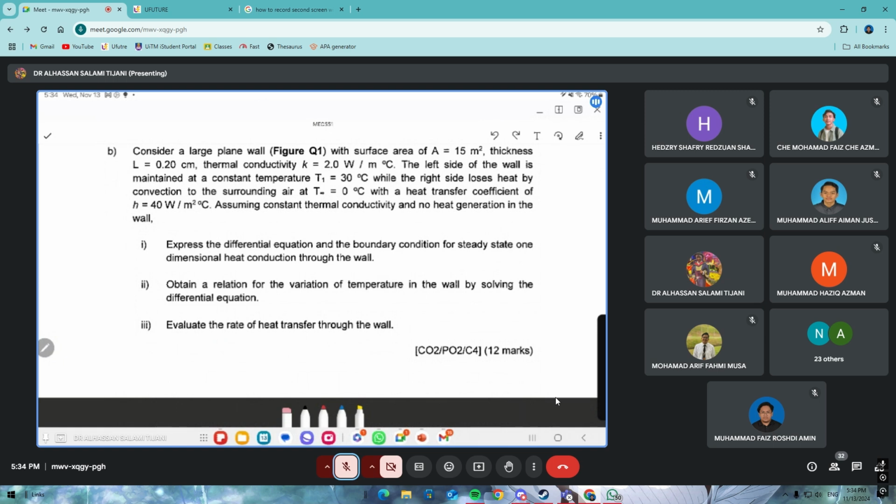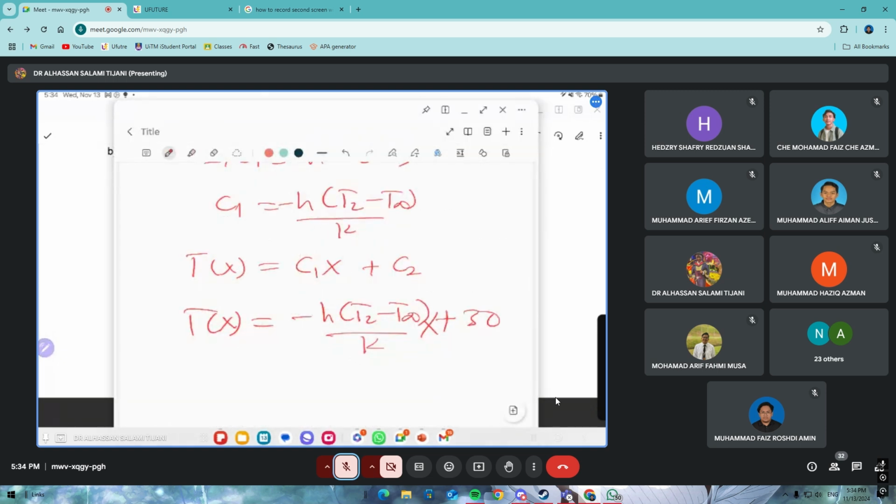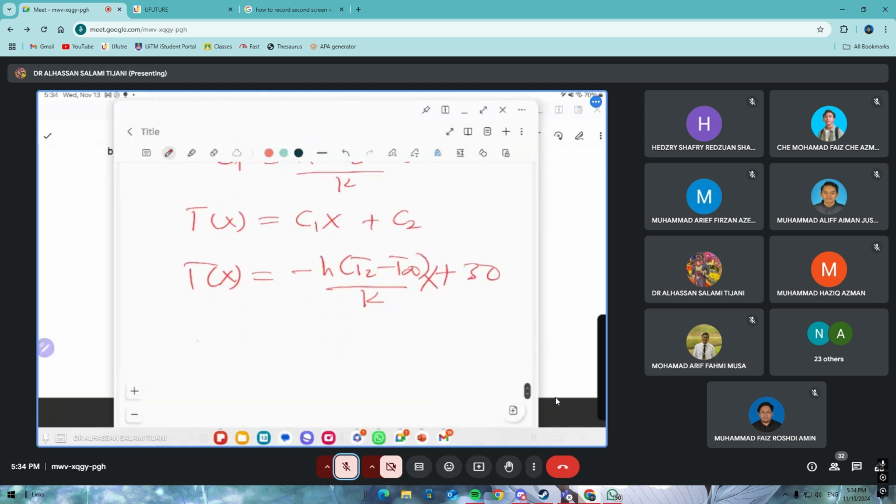Okay, so we want to determine the rate of heat transfer through the wall. So now this gives me Q equals minus kA dT over dX.